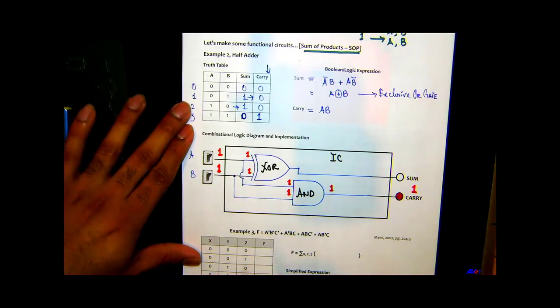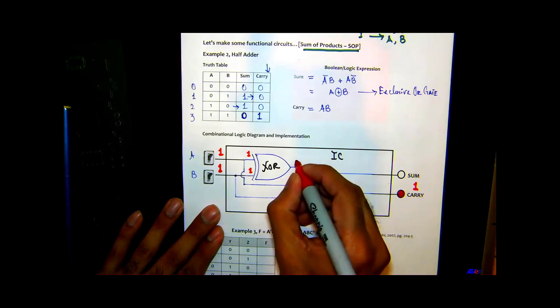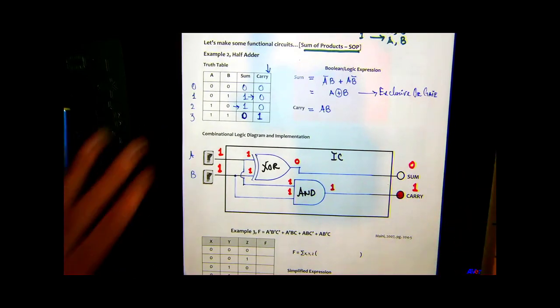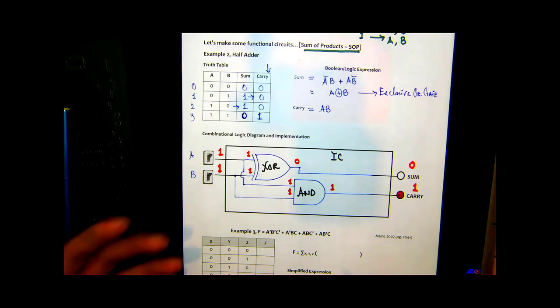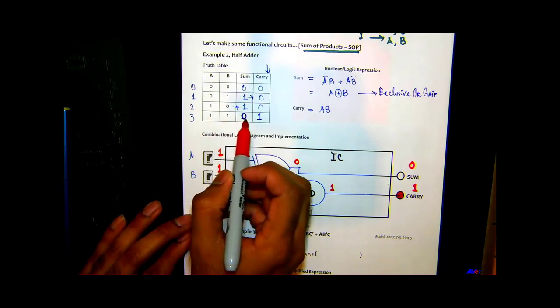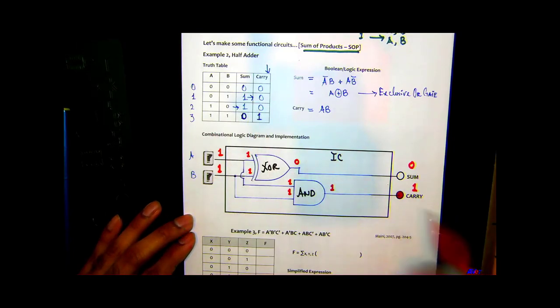What about exclusive OR? 1, 1 is going to give you 0, right? So you get 0 here, correct? So if you look at the truth table, we have been able to evaluate the truth table where when A and B were both 1, sum was 0, and then carry was 1. Okay?